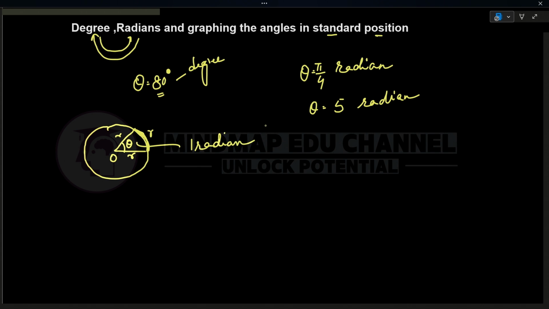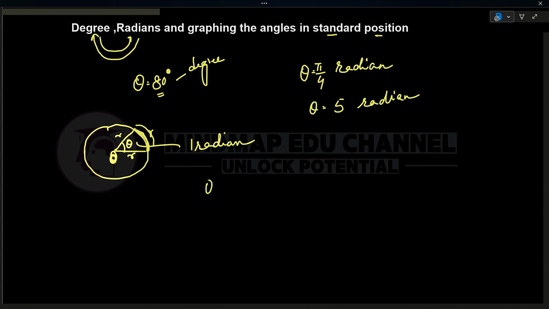So, what is a radian? It's a unit of measurement of angle. How can you define it? A radian is an angle subtended at the center of a circle by an arc which is equal to the radius of the circle. Clear?